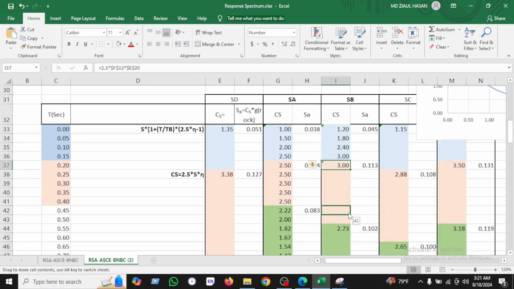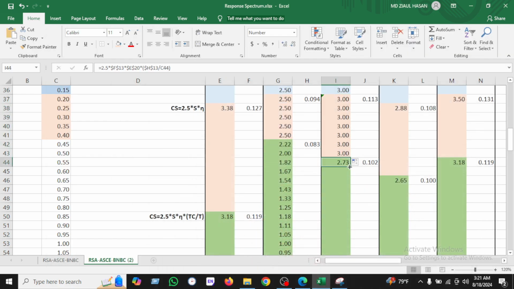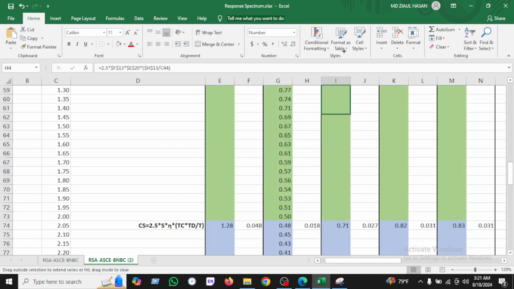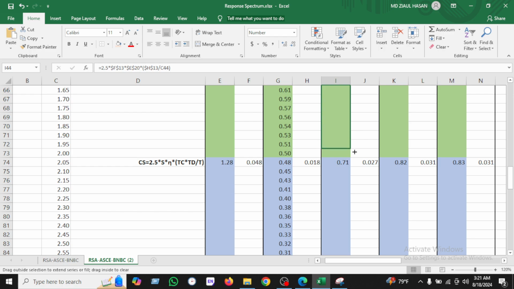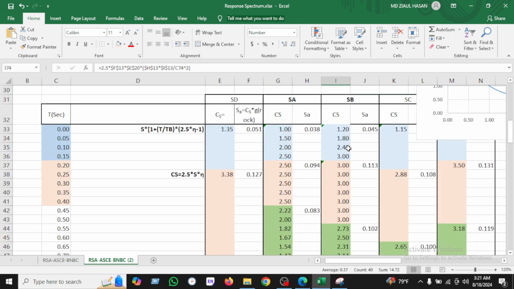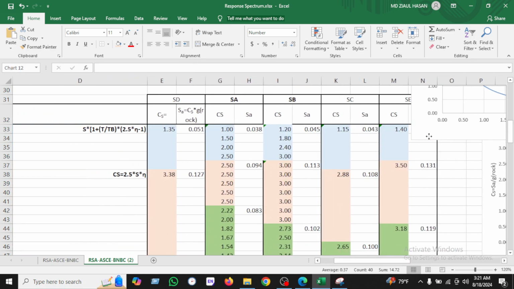In the same way the second formula we will use, and the third formula we have used here. Sorry, the third formula will be 2.2, and this is the fourth formula. So I have used the fourth formula. In the same way I have used it for SC.